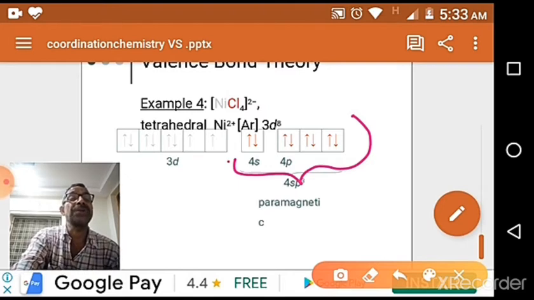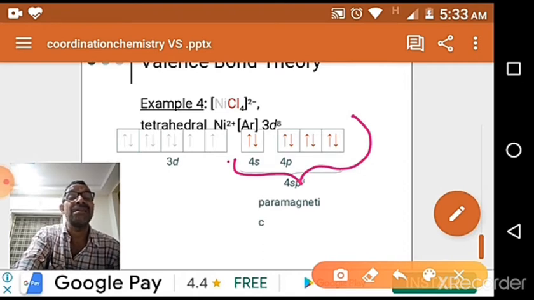Due to sp3 hybridization, we get 4 sp3 orbitals of equal energy, which are arranged in tetrahedral geometry. These 4 sp3 orbitals are vacant orbitals, ready to accept electrons from the ligands.